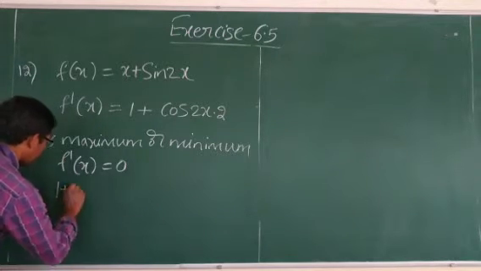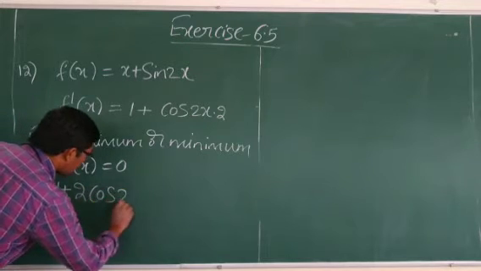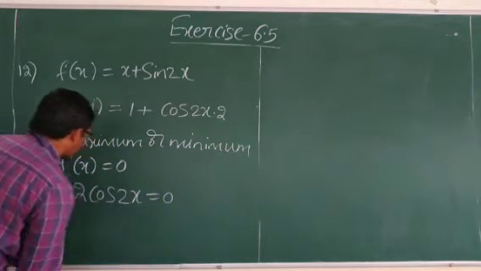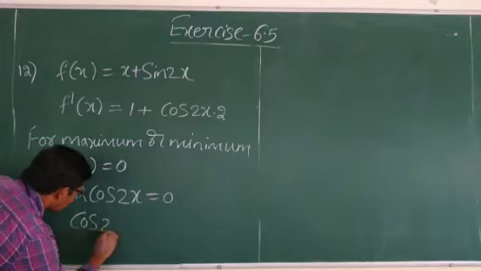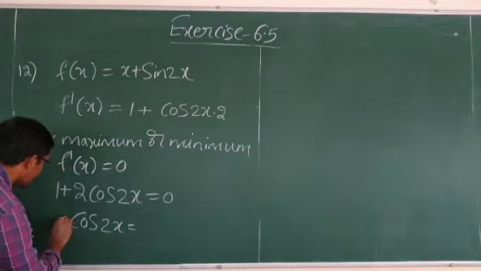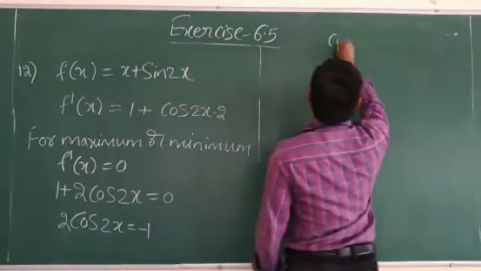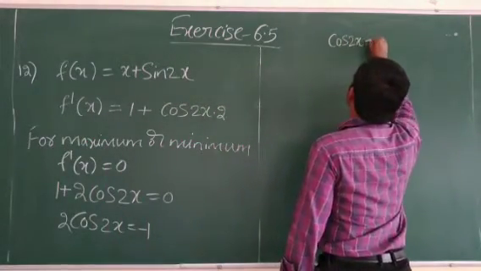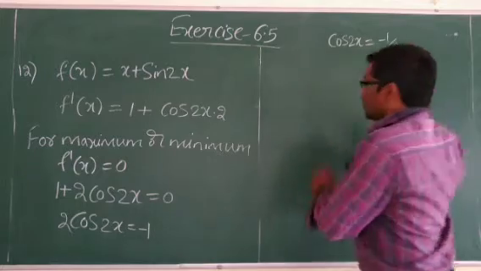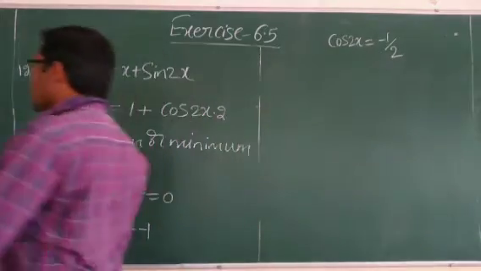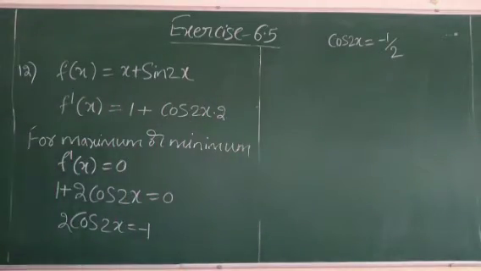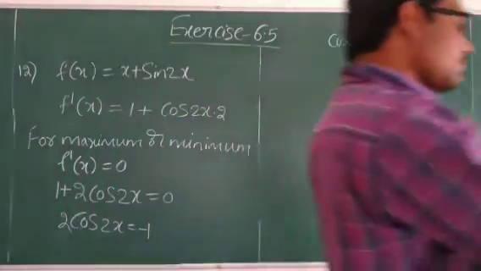So we get 1 plus 2 cos 2x is equal to 0. So 2 cos 2x is equal to minus 1. So we get cos 2x equal to minus 1 by 2.